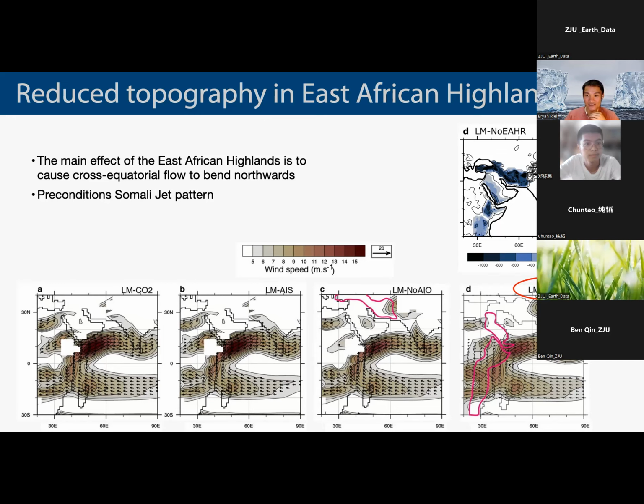The wind keeps flowing towards the African continent. But if you put the highlands back in, it causes the wind direction to bend as it crosses the equator, and then it bends back towards the Indian Ocean. So that looks a little bit more like the Somali jet that we want to see. There is definitely an important factor here with the East African highlands. It's causing the initiation of the bend of the winds towards the Indian Ocean.